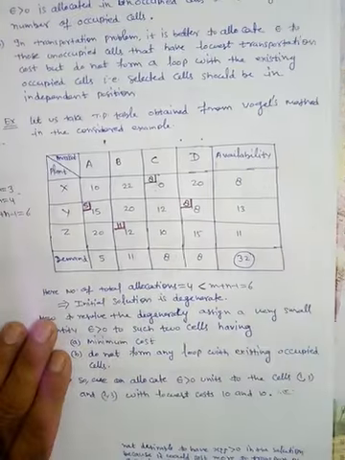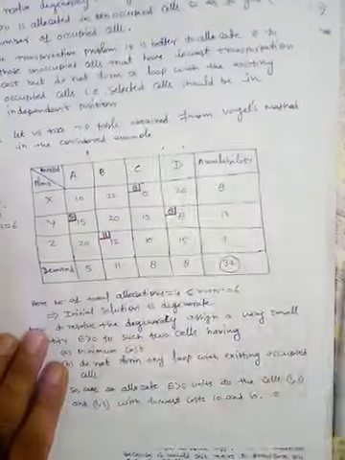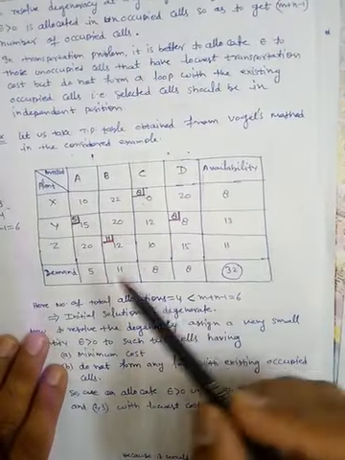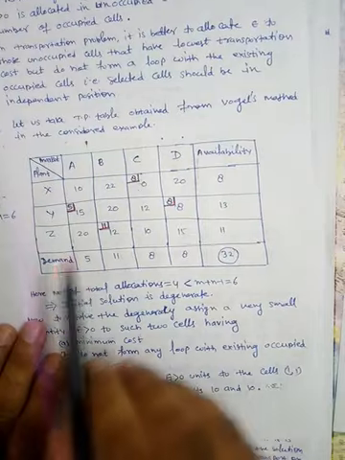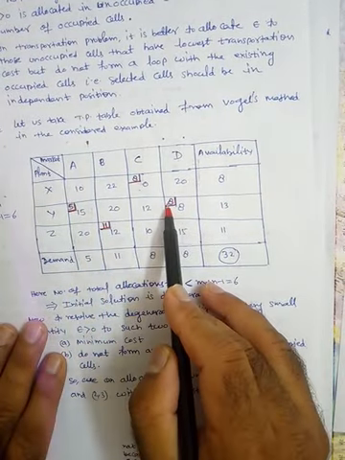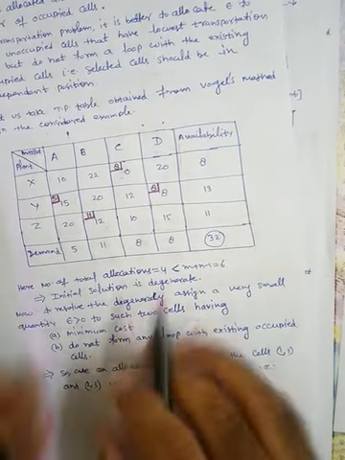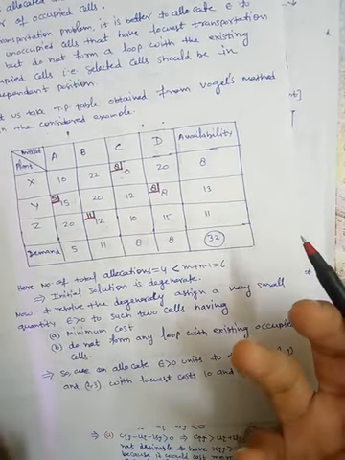Fine. So let us take this example. This is the Vogel's method. Yes, this table is again constructed here. So here we have selected 2 cells, 2 सेल में हमें allocation करना, because total number of allocations is 4. However, requirement is that they should be 6 to get the non-degenerate solution.